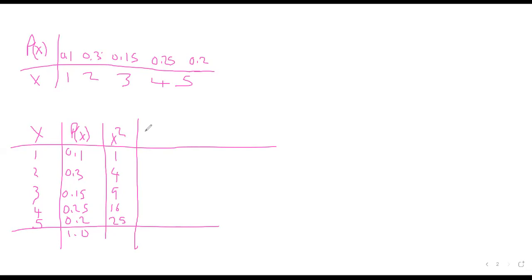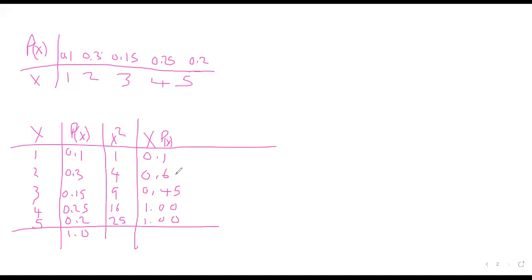So we multiply X times P(X). What do we get? This by that, we have 0.1. This by that, we have 0.6. Here we have 3 times 0.15, we get 0.45. 4 times 0.25, we get 1.0. 5 times 0.2, we get 1.0.